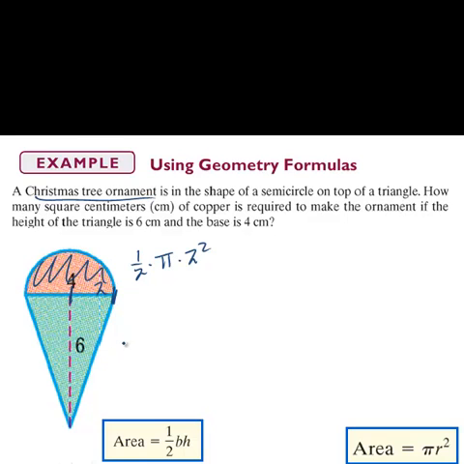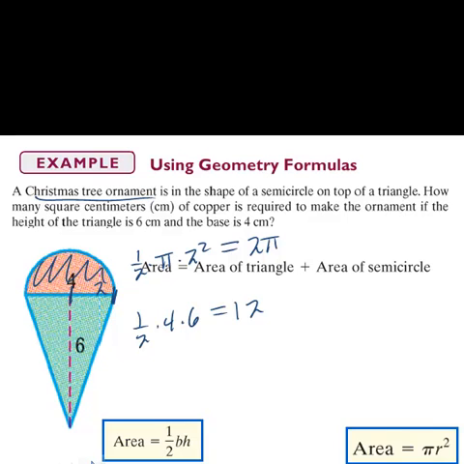Now, the base is 4, and the height is 6. So the area of that green triangle is 12. And the area of this semicircle will be 2 pi. So 12 plus 2 pi will be the total area.